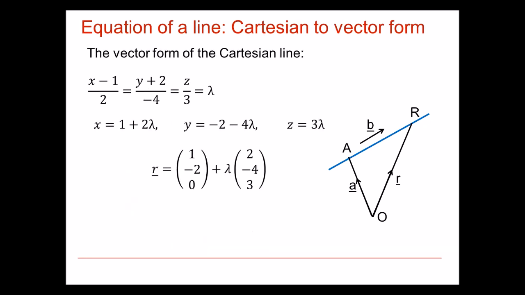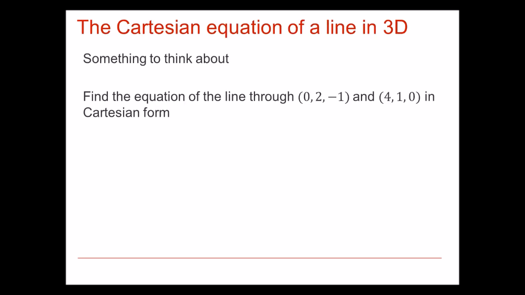You may wish to pause the video here and check all the working for yourselves. Here is another example for you to think about later. You may wish to pause and decide on an approach at this stage. We're trying to find the equation of a line through 2 points in Cartesian form.